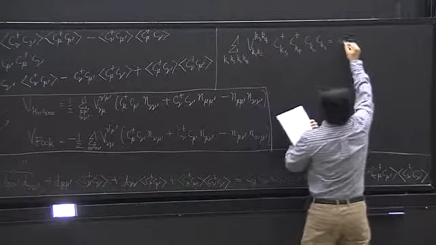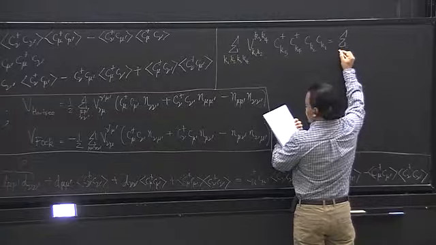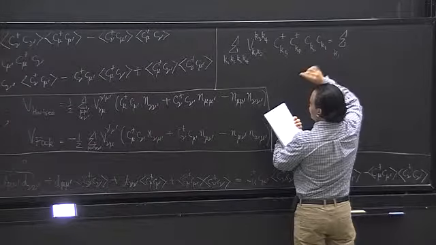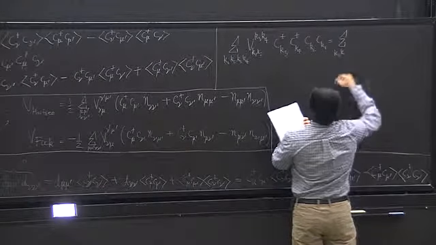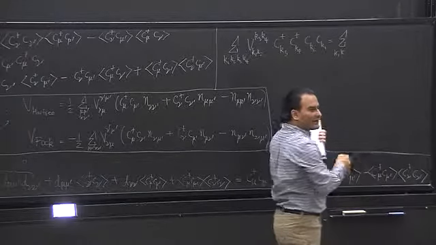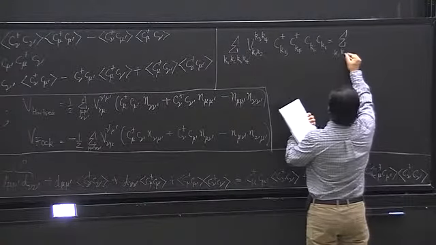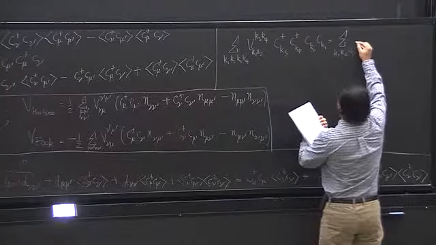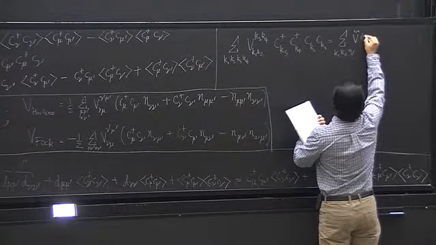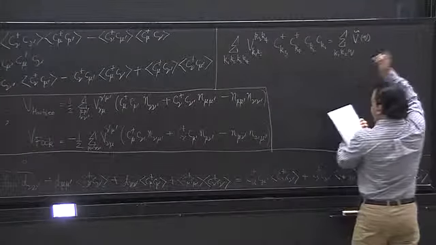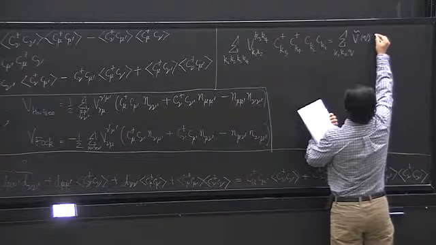This quantity can be written as a sum where, instead of 4 momentum sums, you can use conservation of momentum to get rid of one momentum sum, with V tilde of Q, where this is now the Fourier transform of the interaction potential.